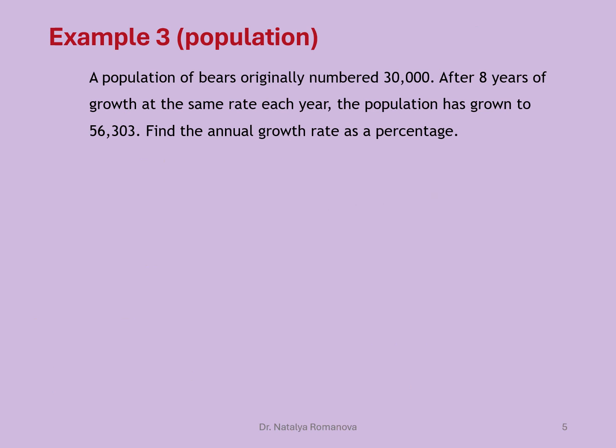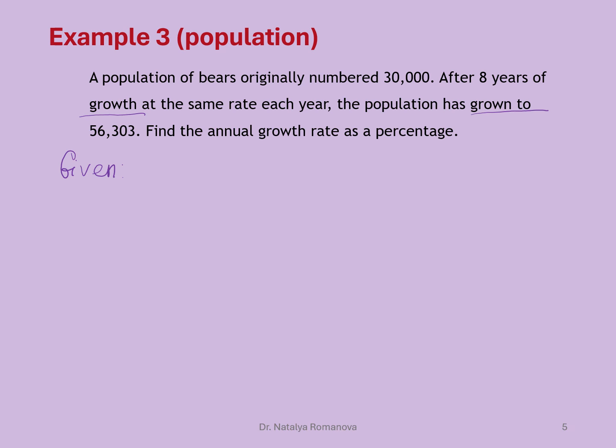Now we are going to discuss how we can use exponential growth or decay formulas for a population problem. We write the given information. What kind of process do we have here? The population has grown over 8 years, so we have a growth process.